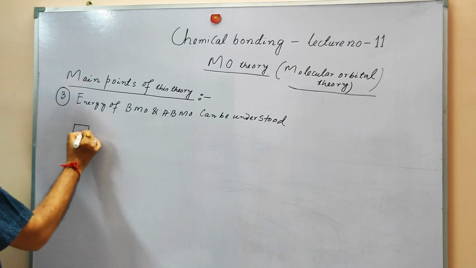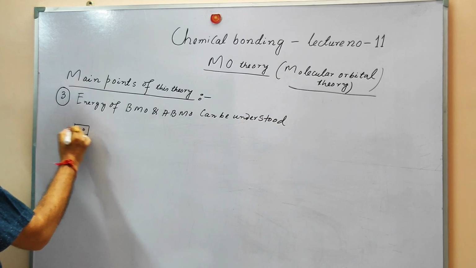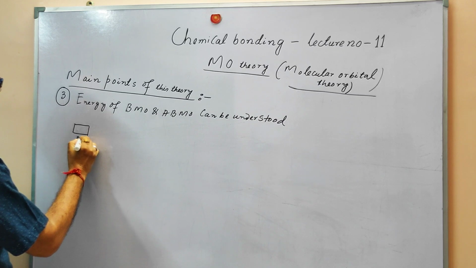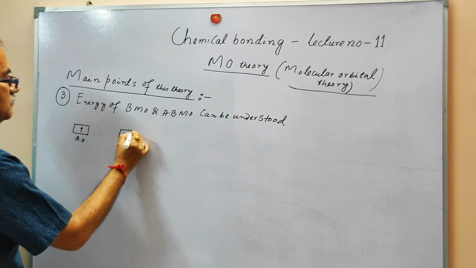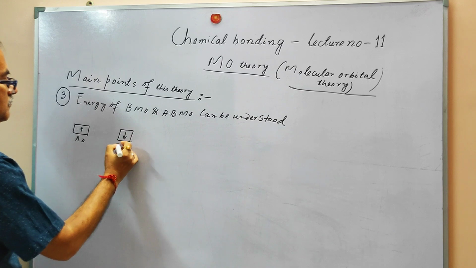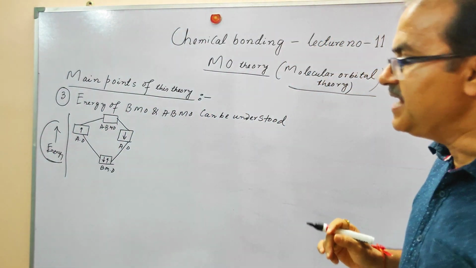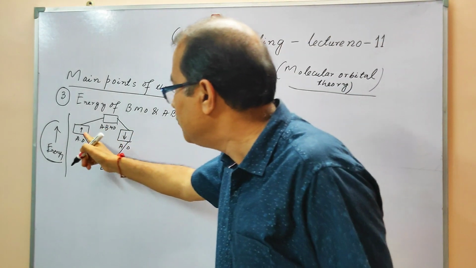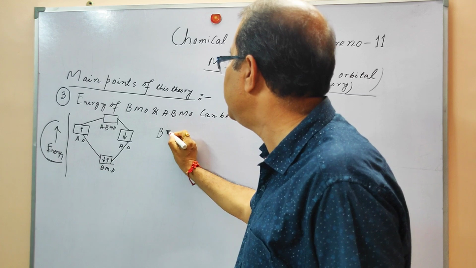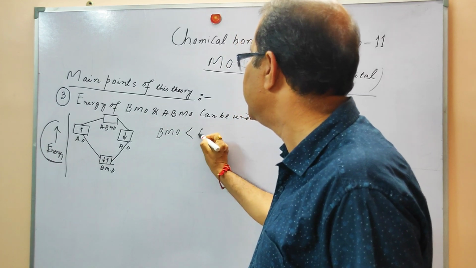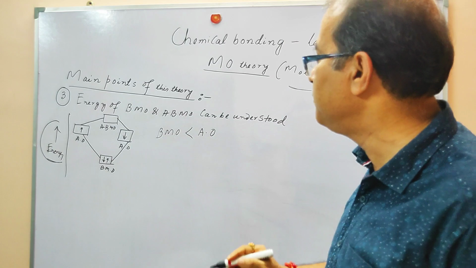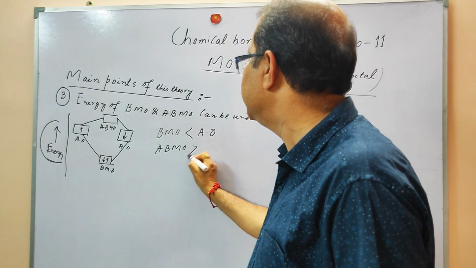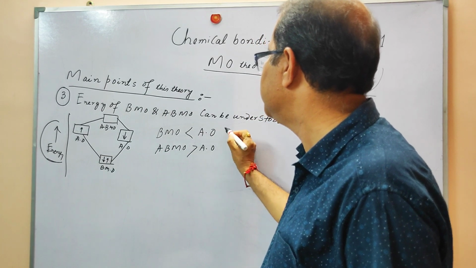Suppose this is one atomic orbital and this is another atomic orbital. We can easily understand one thing: the energy of the bonding molecular orbital is less than that of the atomic orbitals. So BMO energy is less than the atomic orbitals from which it has been formed, and ABMO has energy greater than the atomic orbitals from which it is formed.